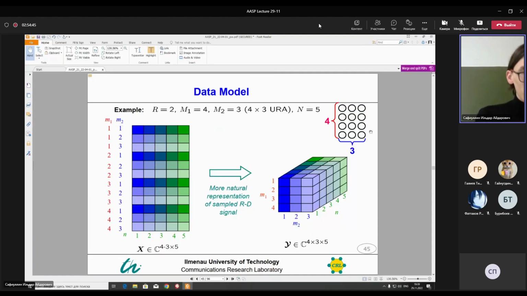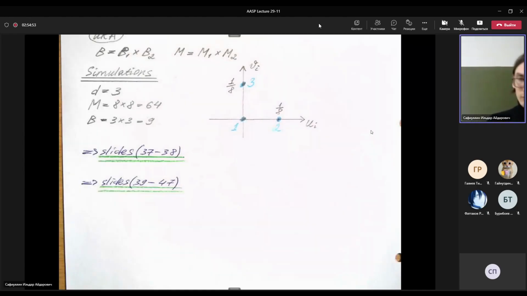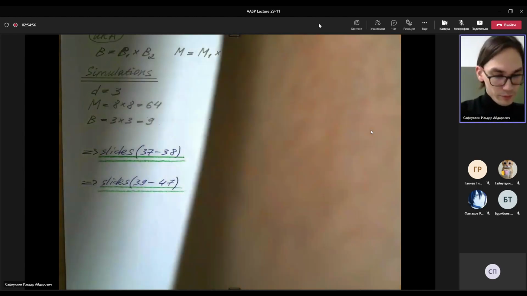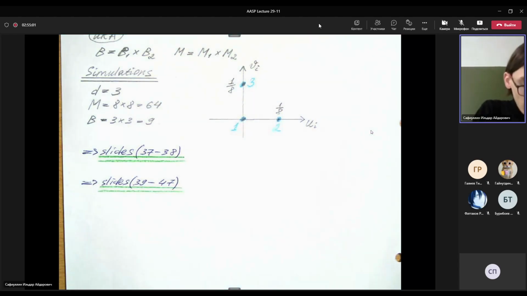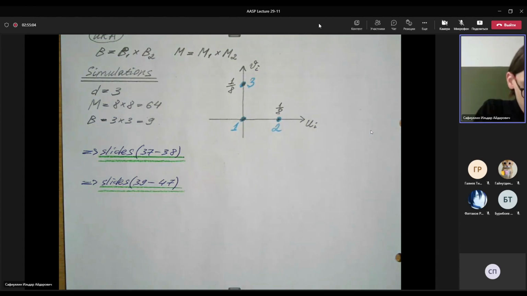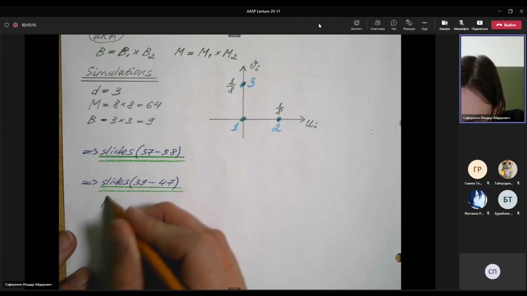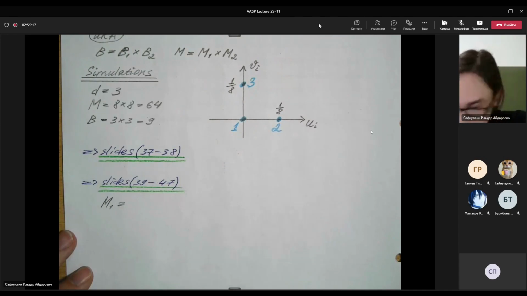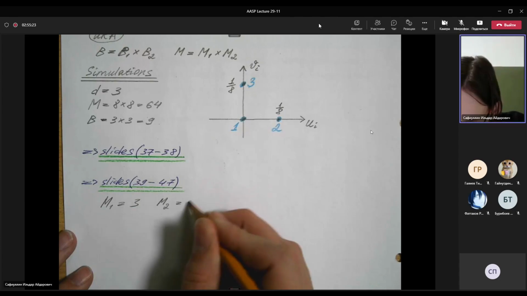I just have, let me check, 3 and 4. Okay. So I hope I switch here. So we can represent all these things as follows. So for M1, we have 3 elements. For M2, we have 4 elements.